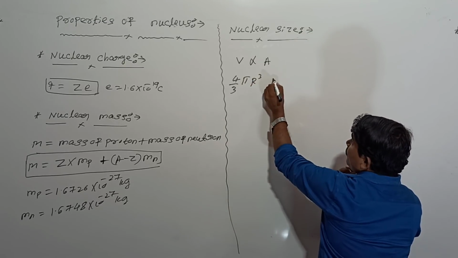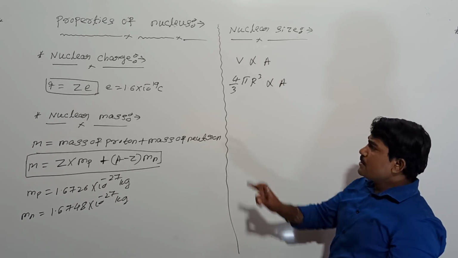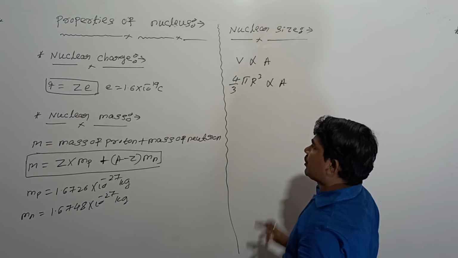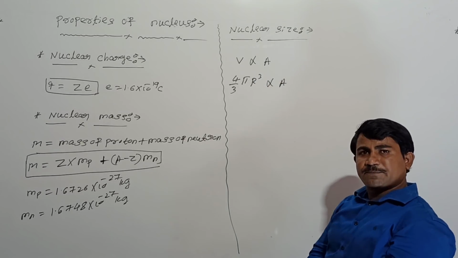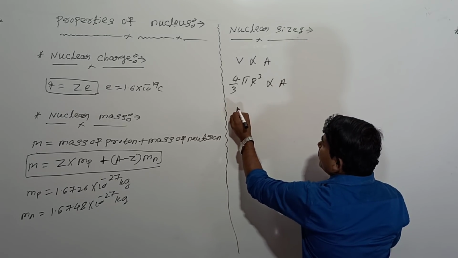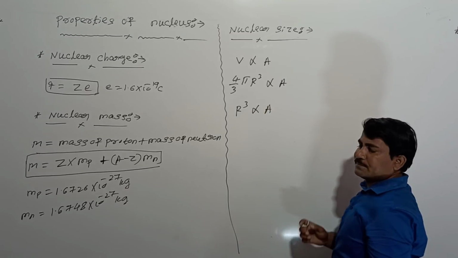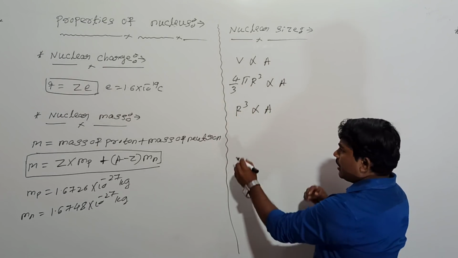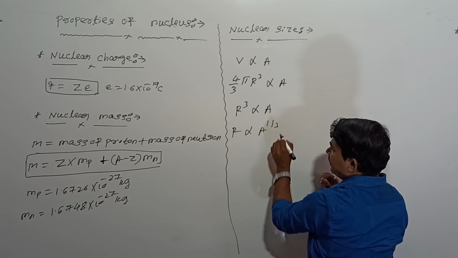That is, volume is directly proportional to mass number. Here 4 by 3 and pi are constants. What is the variable? R. R represents radius of the nucleus. Then from this relation what do we get? The radius of the nucleus is directly proportional to A raised to 1 by 3.